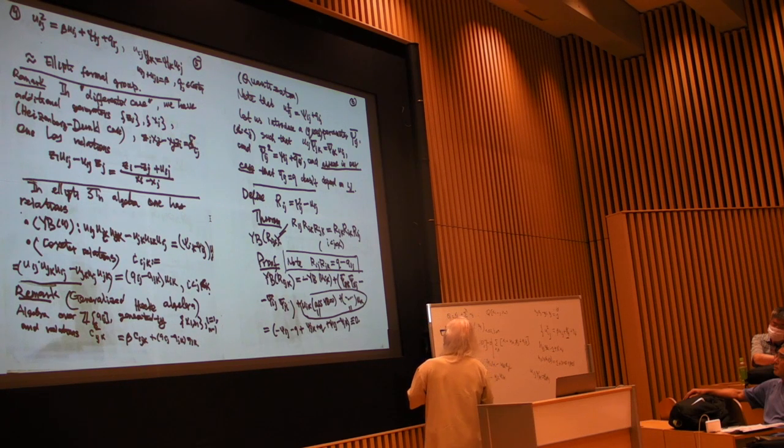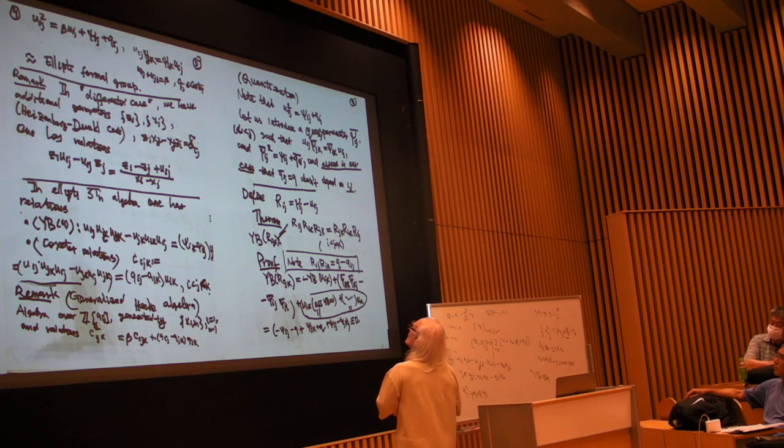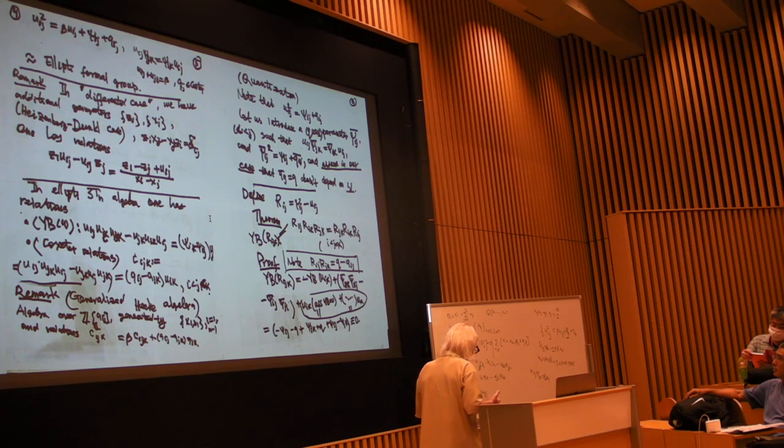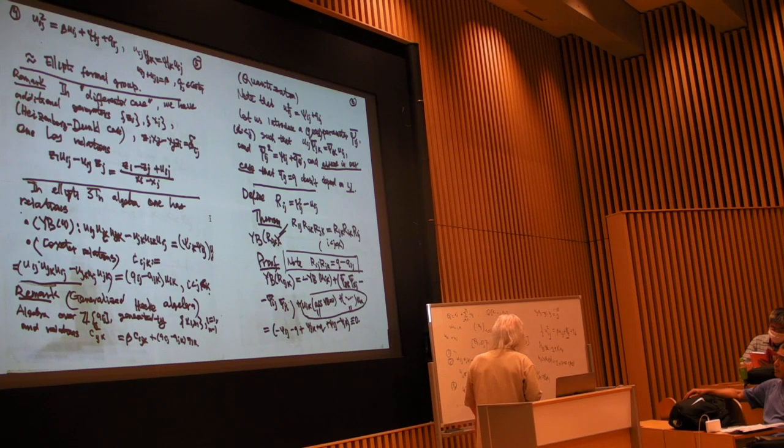Yes. Now I want to consider the elliptic case. And again, I want to quantize uij. We know that uij elements satisfy these two associative relations.